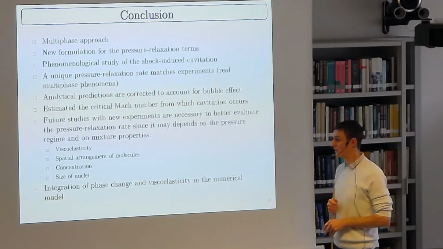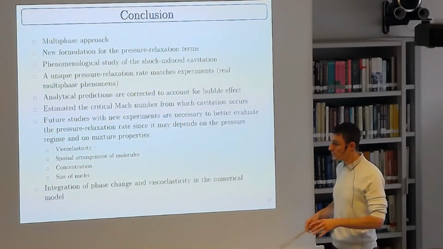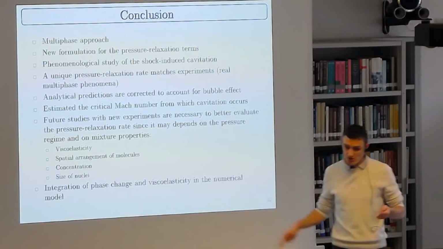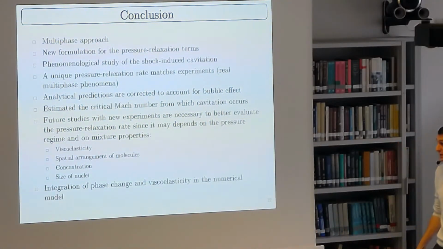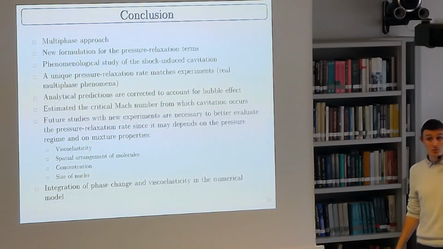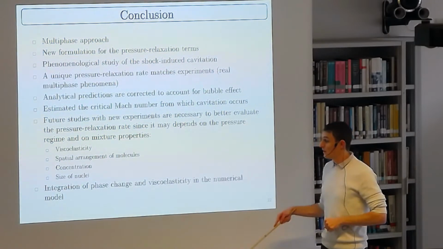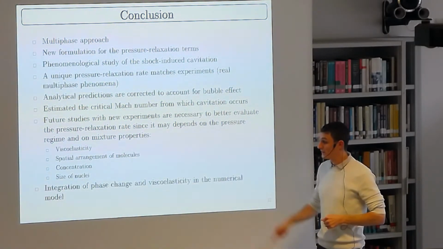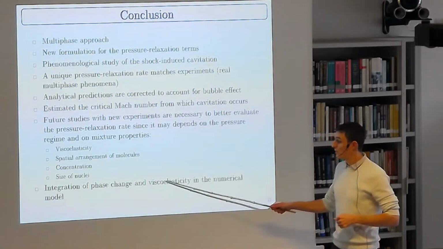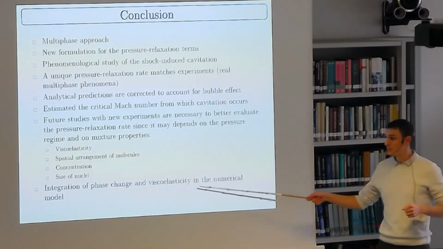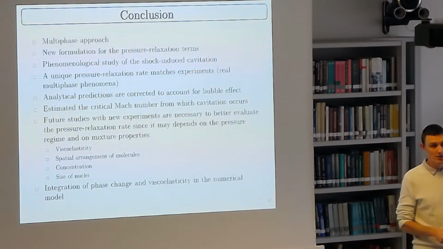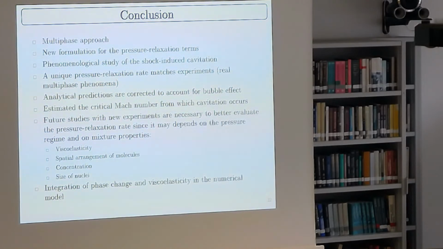The compressibility is not the same. But still, we want to add phase change. What is done today is only infinite phase change, so we know it won't work because you just add even more matter to expand. So we want to have a finite phase change and to have viscoelasticity in the model, so we can then have the gel and see if this has some influence on the shock-induced cavitation.